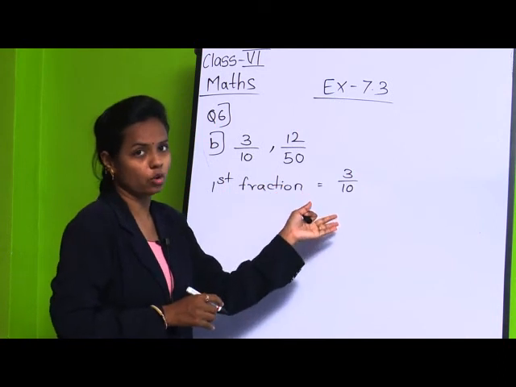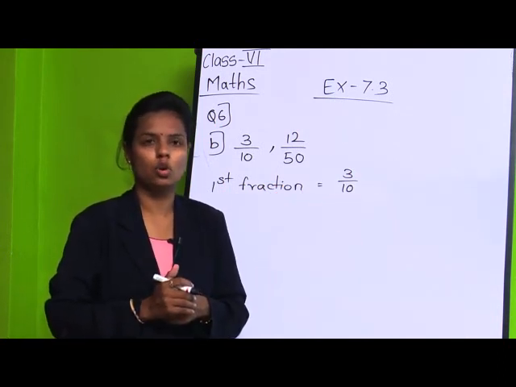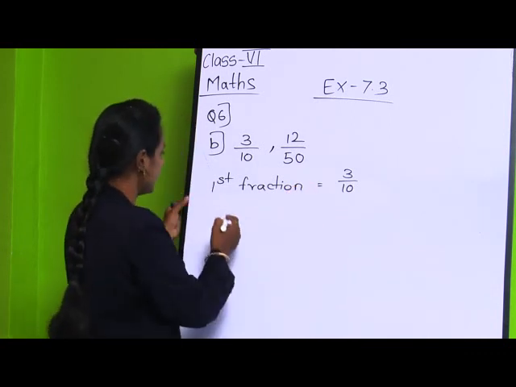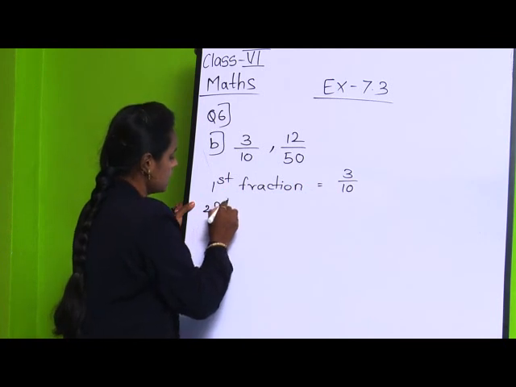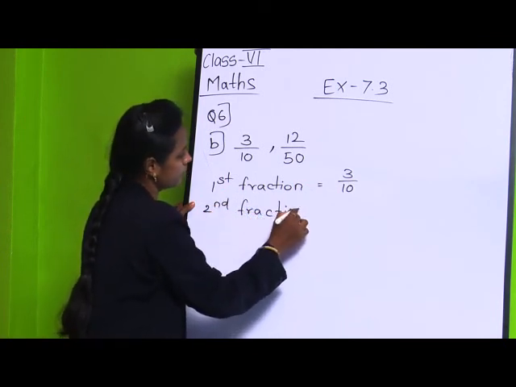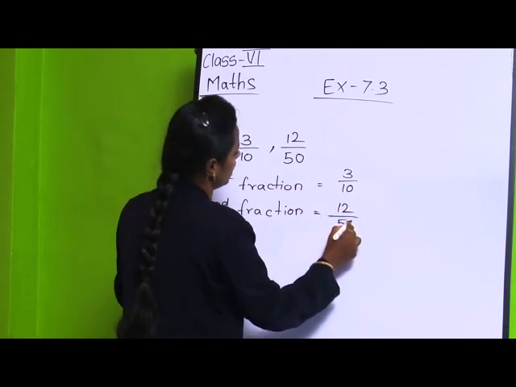Can we convert it into lowest terms? No, we cannot convert it into lowest term because already it is the lowest term. Next, second fraction, we have 12 by 50.